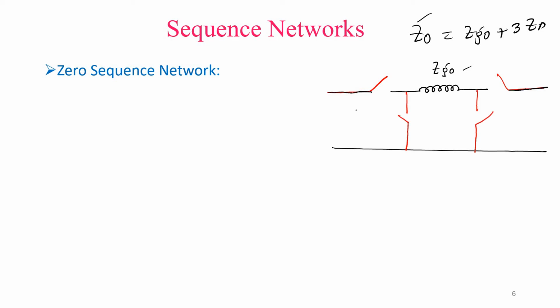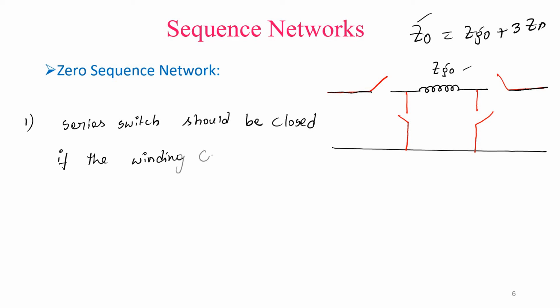Two series switches will be there and two shunt switches will be connected. There are only two points on when the series switch and the shunt switch should be closed. First, the series switch should be closed if the winding connection is star grounded. Star grounded means it can be star solidly grounded or star reactance grounded.